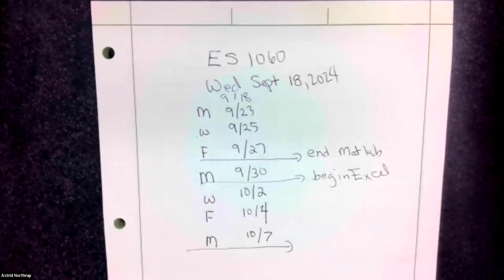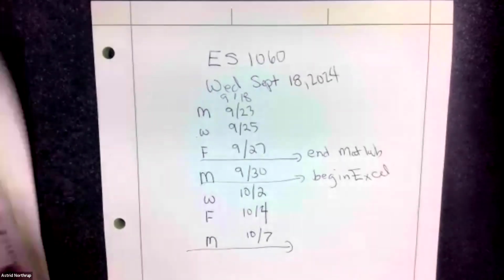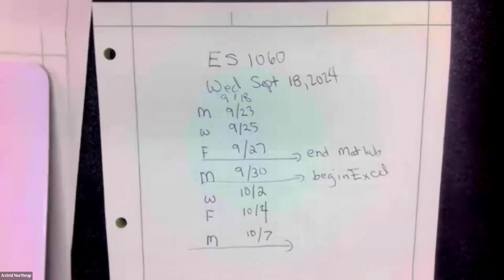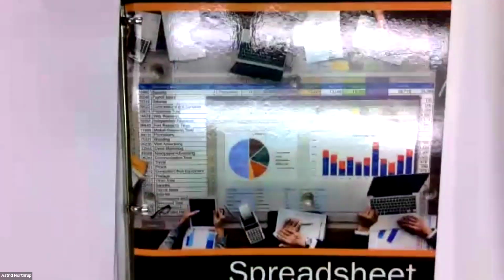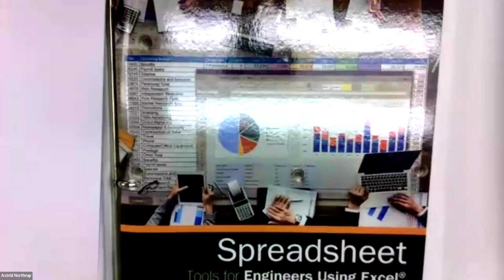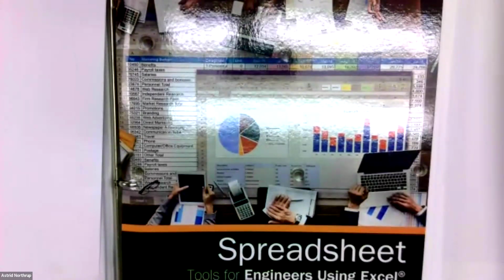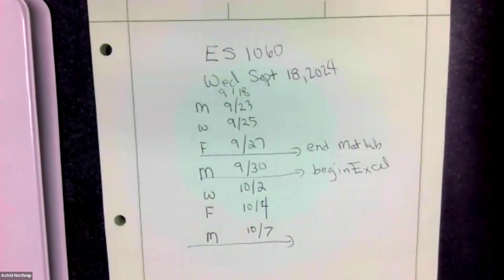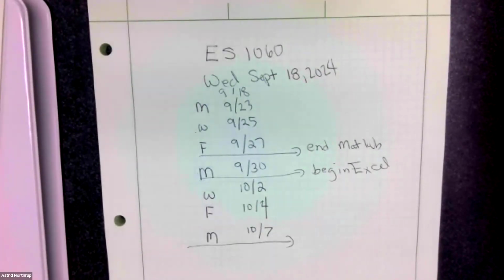All right, so the first thing is, if you have not ordered it or received it yet, this is the book that we're using for Excel. And it's an excellent book because it approaches Excel from a problem-solving point of view. So it's excellent for engineers. I suspect that you'll want to keep that book.